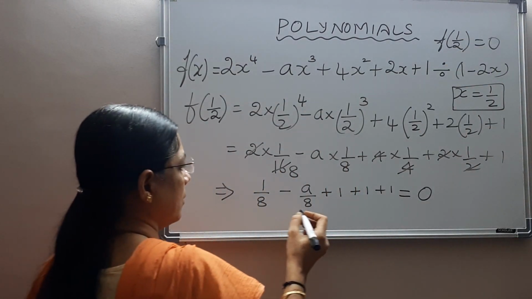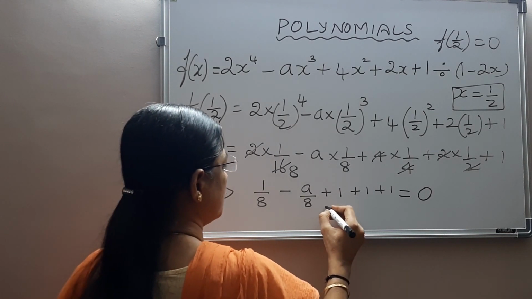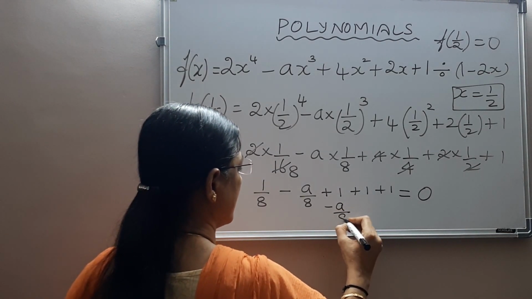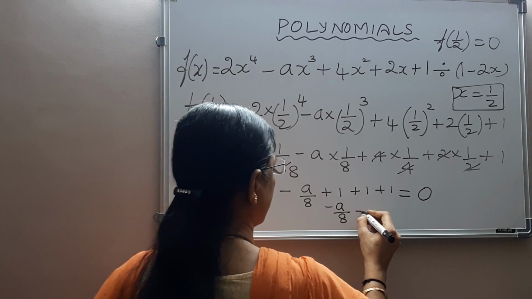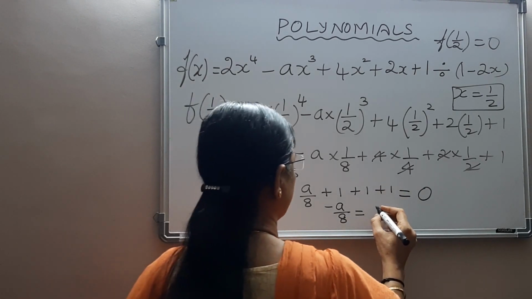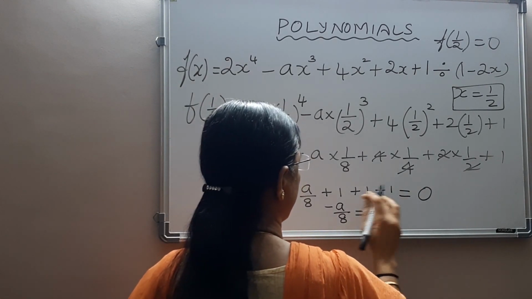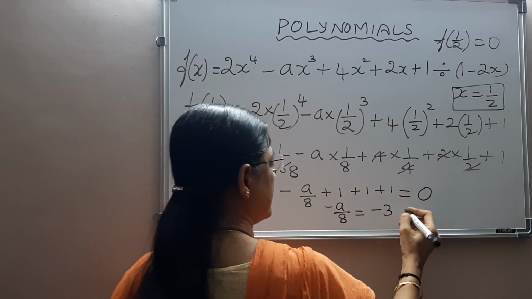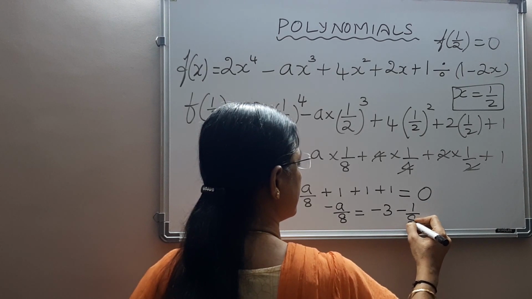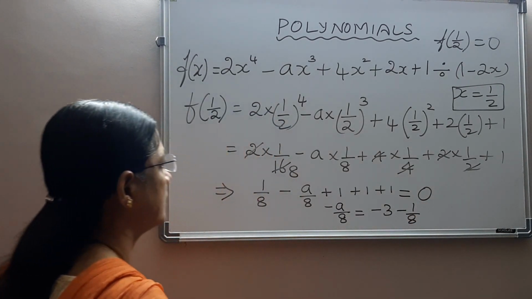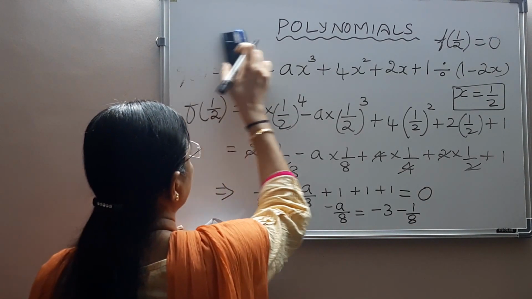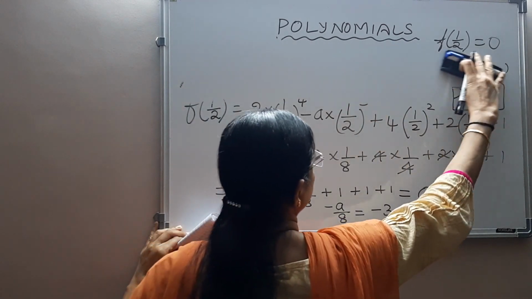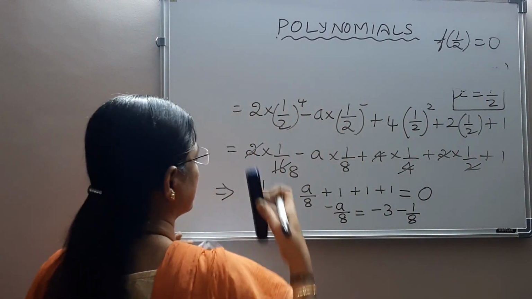Okay, so now what I need to do is minus a by 8, let it be here, and I take the rest of the things to the right side. 1 plus 1 plus 1 is 3. So when I take to that side, it becomes minus 3, and plus 1 by 8 becomes minus 1 by 8. Okay, now I do this here.